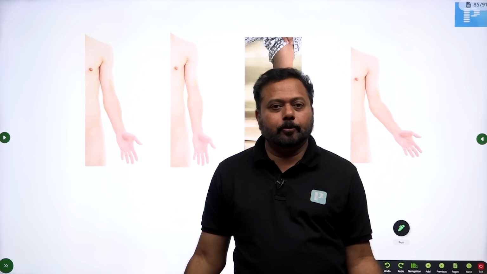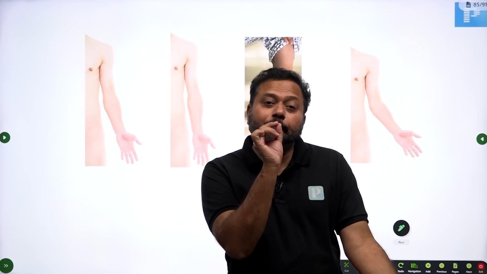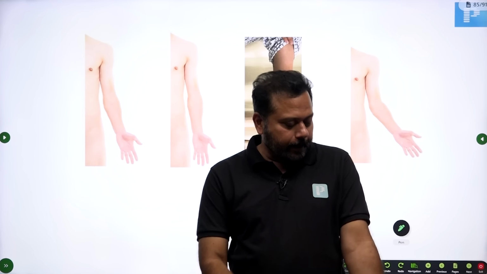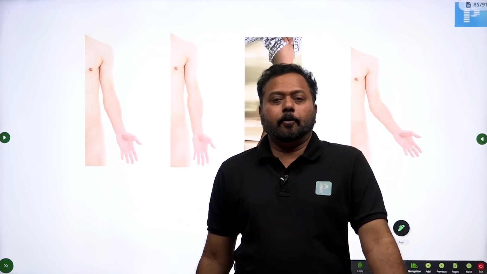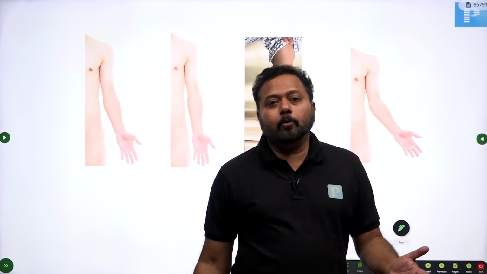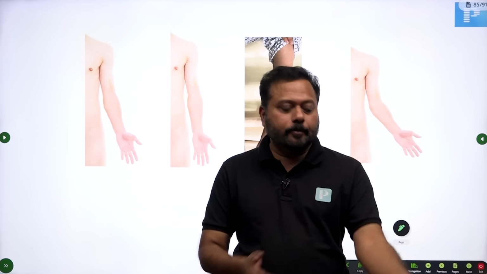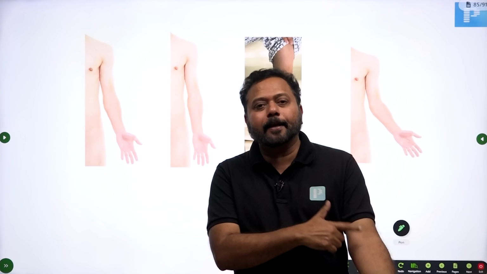While walking, the arm has to clear the pelvis. So the normal carrying angle of a female is 15 degrees, because the male has an android pelvis. They walk like a soldier. So 15 degrees is the carrying angle in a female, 10 degrees in a male.